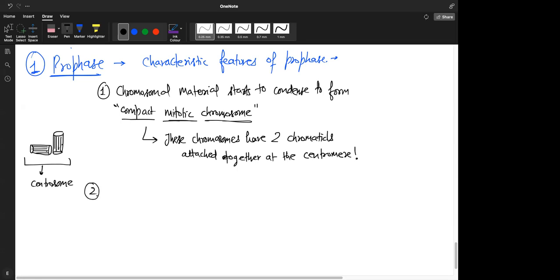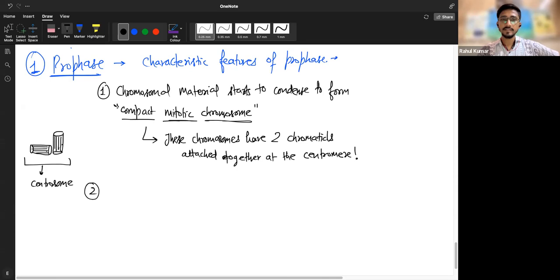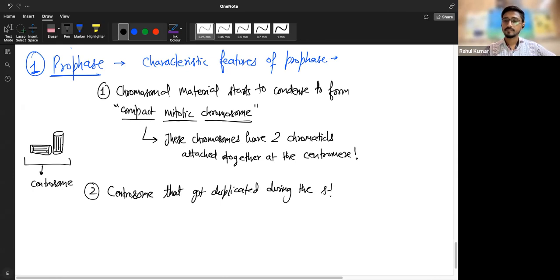So this is about the nucleus. So what's happening at the house? What's happening at the marriage hall? There must be some arrangement started. So write down: centrosome that got duplicated during the S phase in the cytoplasm.